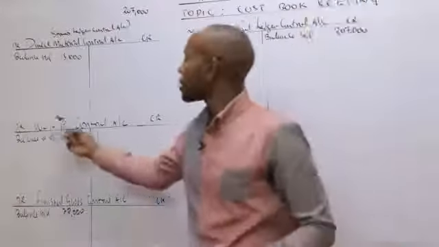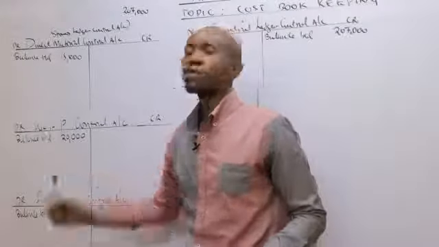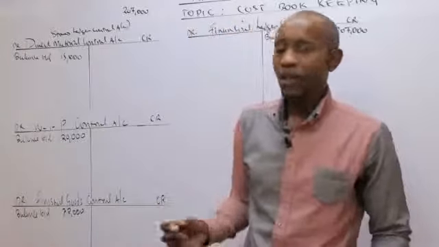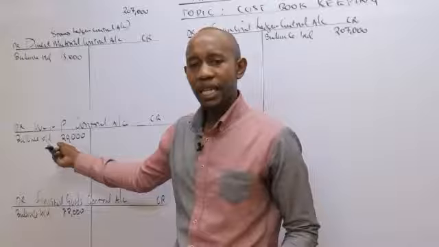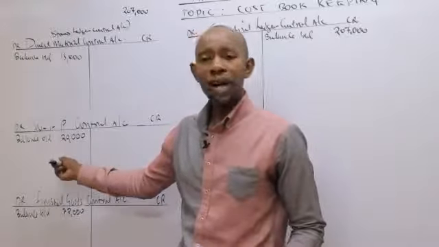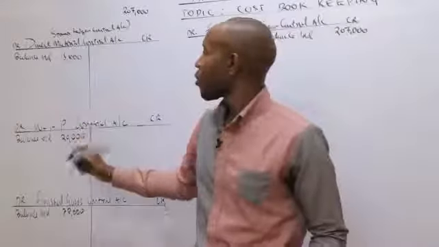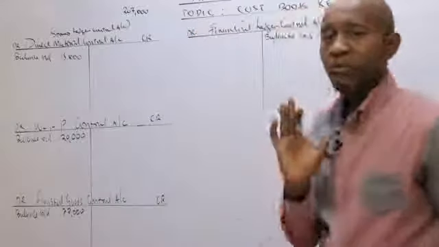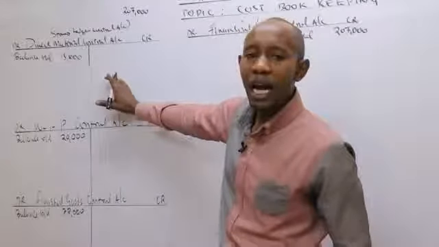This is the account that helps us determine our cost of production. Eventually you will see we will have the cost of material, the cost of labor, and the cost of overheads. That is the work in progress account. But my focus now is only the material account.